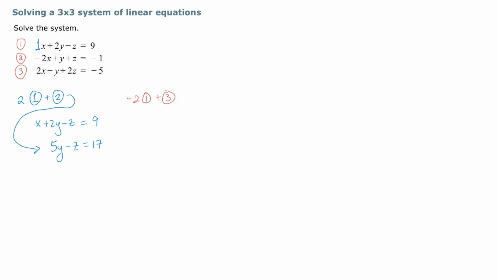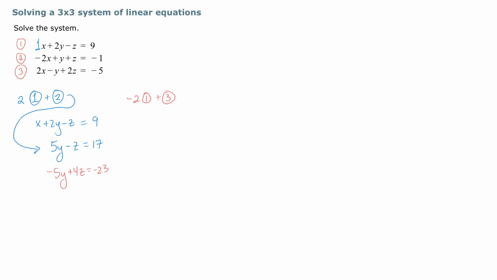We got 0 times x. So we have negative 4 minus 1. We get negative 5y. And then we got 2z plus 2z, so we got plus 4z. And then we have negative 18 plus a negative 5, so negative 23.